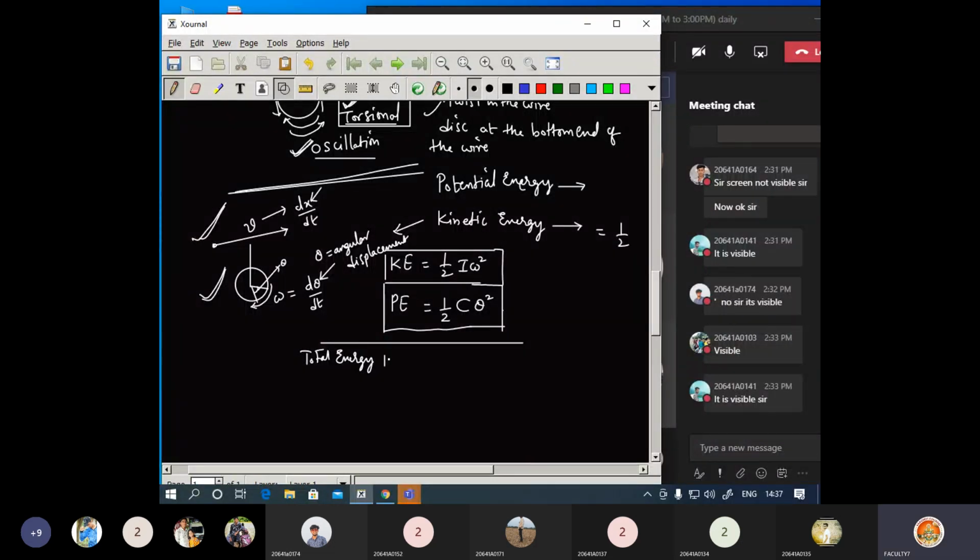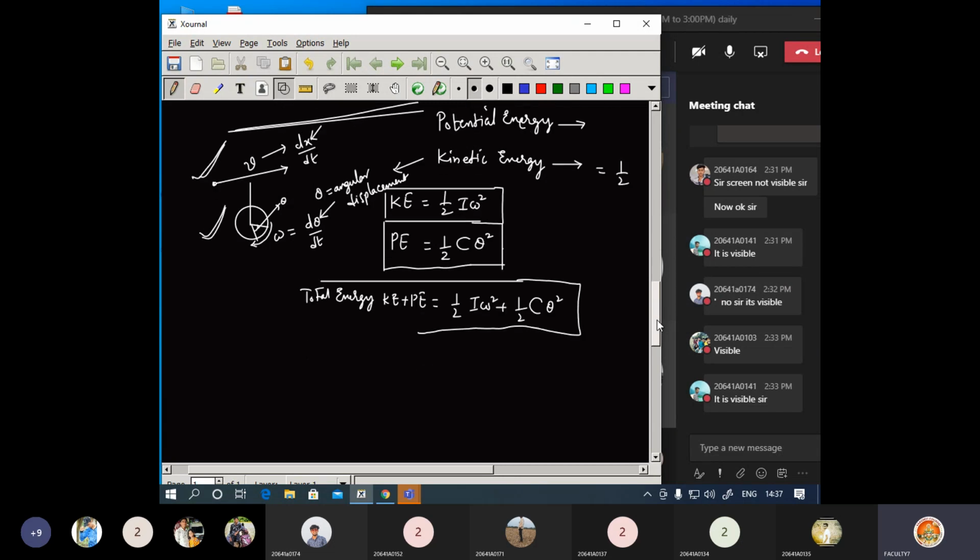Total energy is nothing but KE plus PE, which can be given as half I omega square plus half C theta square. This is the total energy of the entire torsional pendulum.